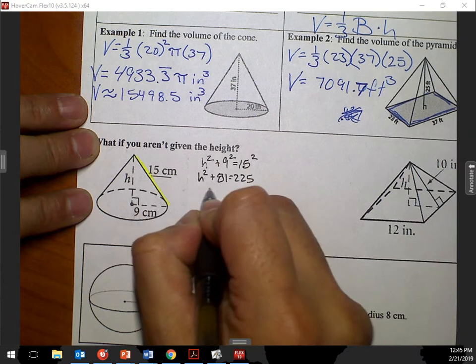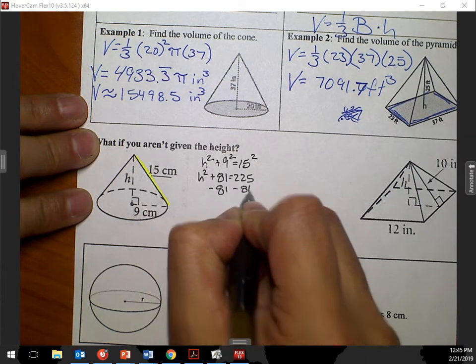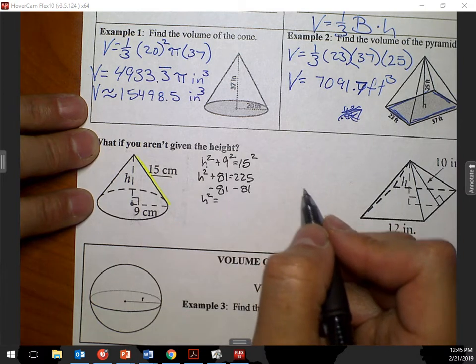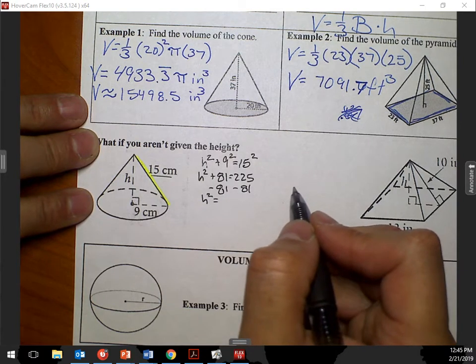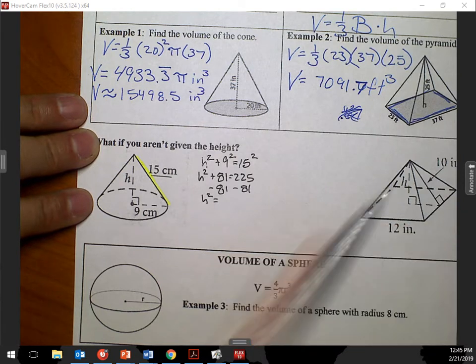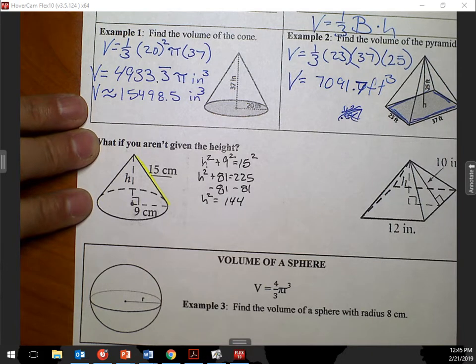Subtract 81 from both sides. h squared is equal to 144, right?